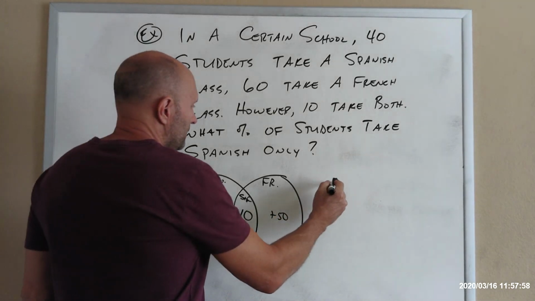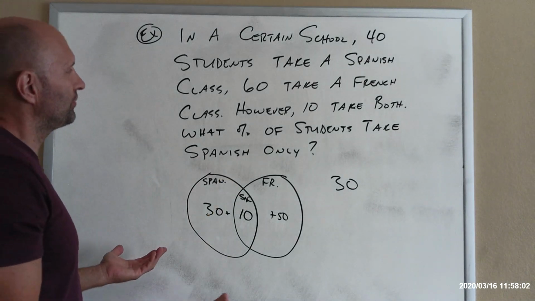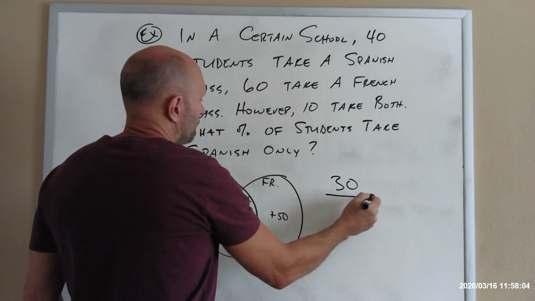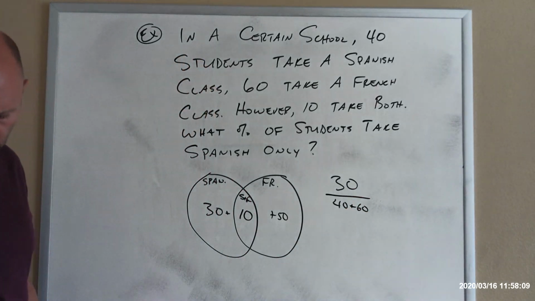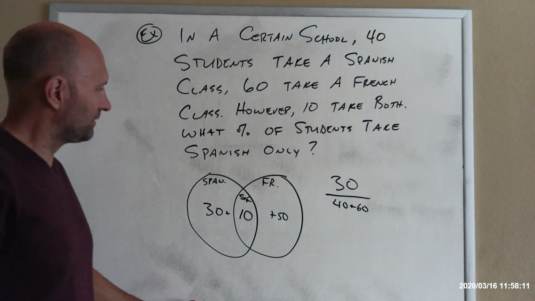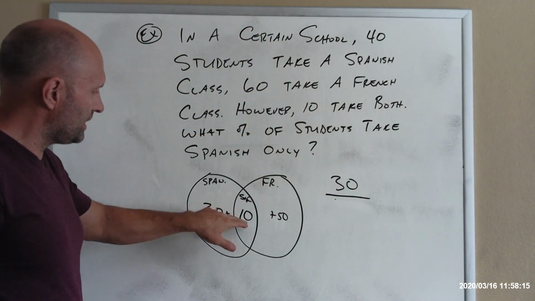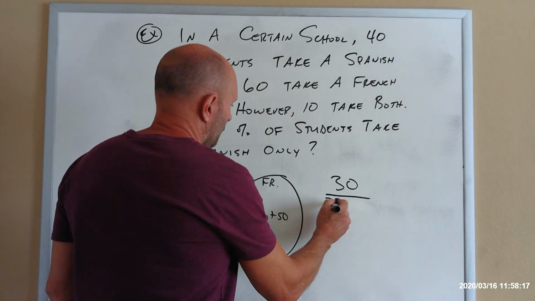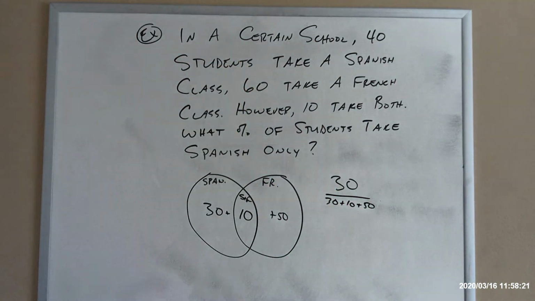Well, 30 are taking Spanish only. How many students are taking a foreign language? Well, that's our 40 plus 60. Sorry, that's not 40 plus 60. It's 30 plus 10 plus 50. All the students taking a foreign language.